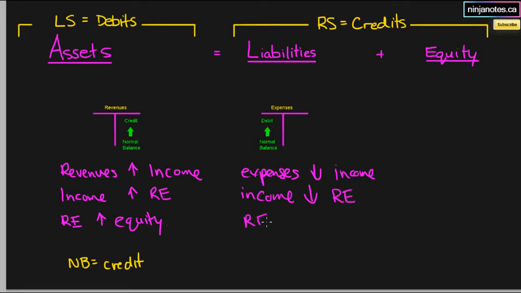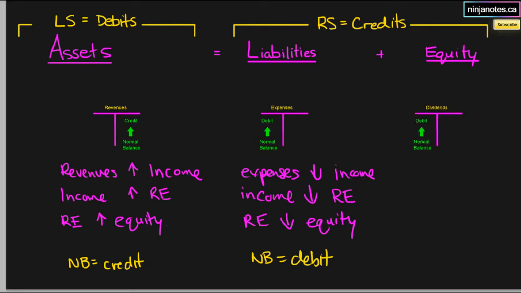And when retained earnings goes down, we are going to have a drop in equity. And when equity is decreased, we are going to debit. So that makes sense why expenses have a normal balance of debit, because expenses decrease equity accounts. Revenues increase equity accounts, which is why they are credited. Expenses decrease equity accounts, which is why they are debited.